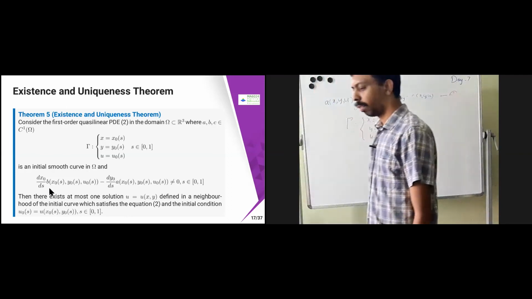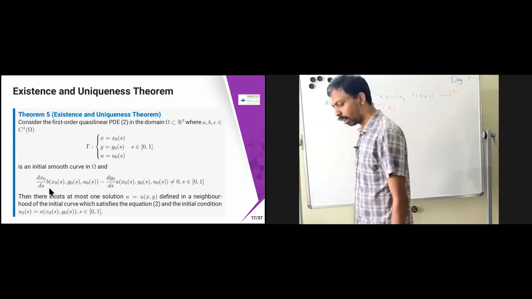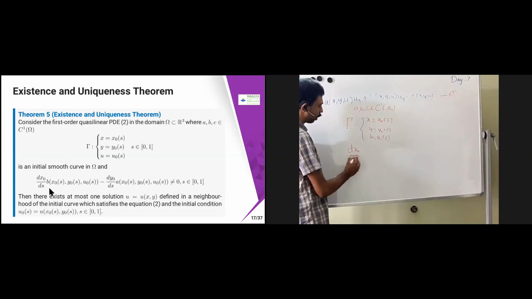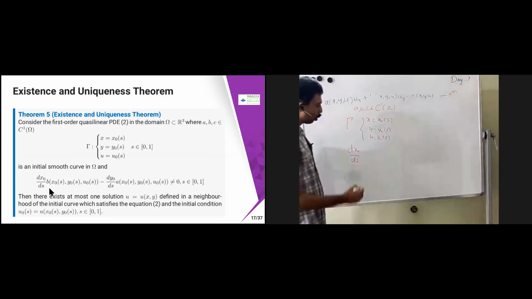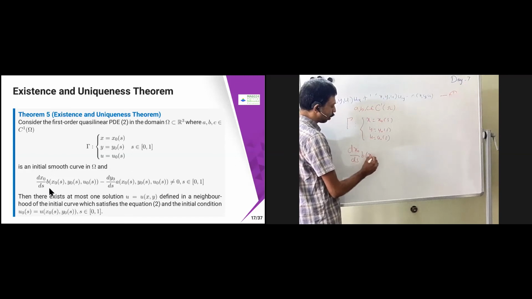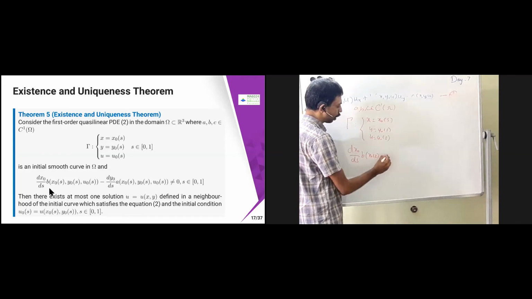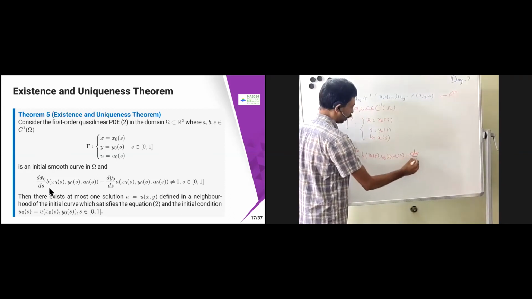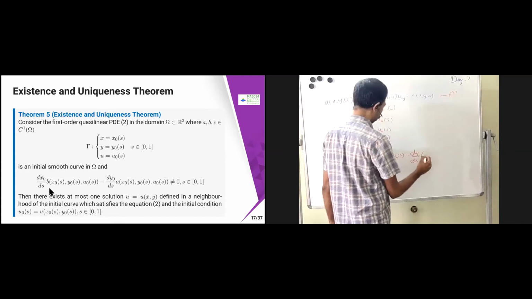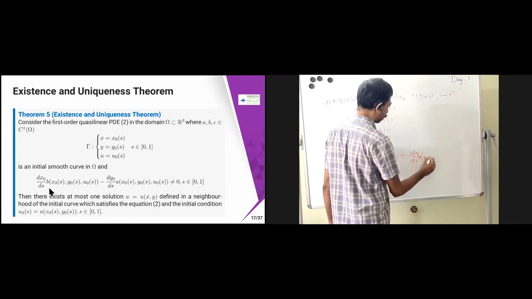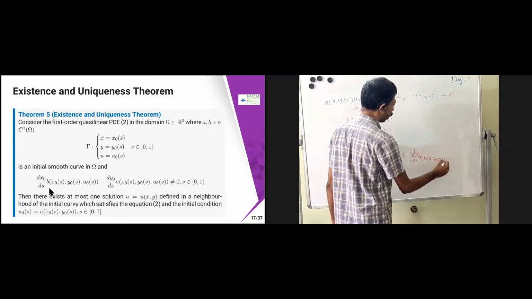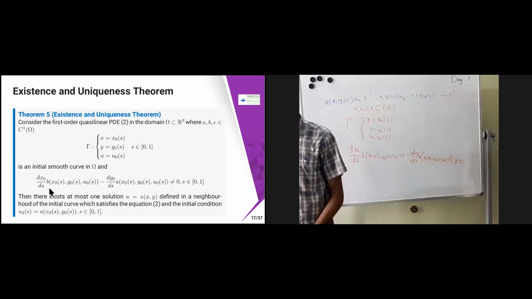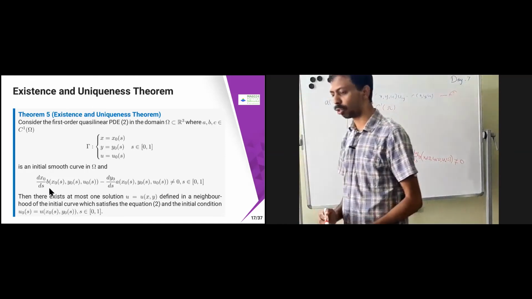Now we have another condition. The second condition is that dx naught by ds into B of x naught of s, y naught of s, u naught of s, minus dy naught by ds into A of x naught of s, y naught of s, u naught of s, is not equal to 0, for all s close to 0.